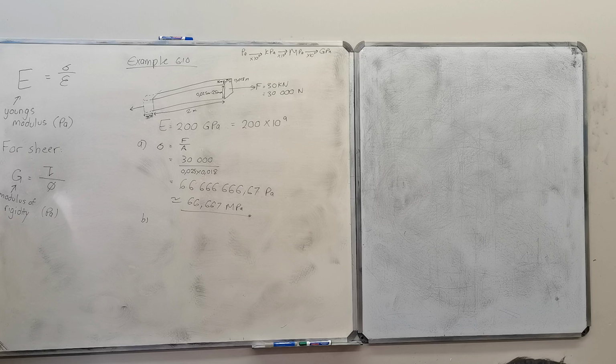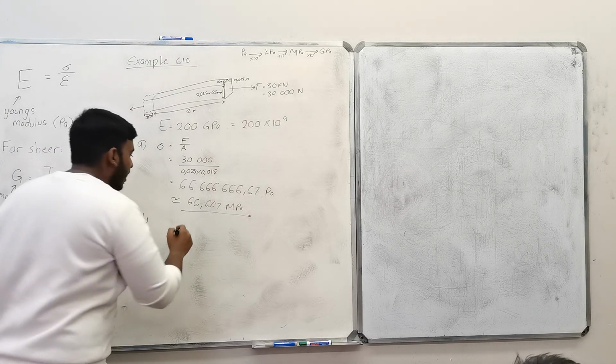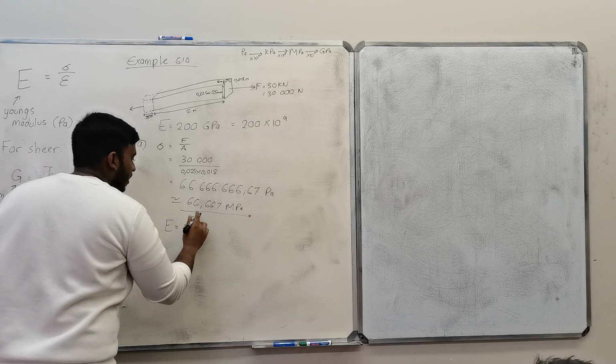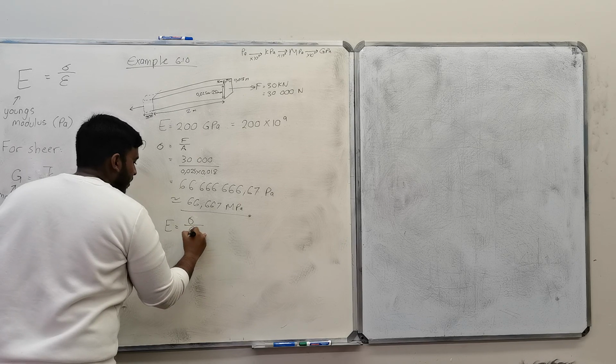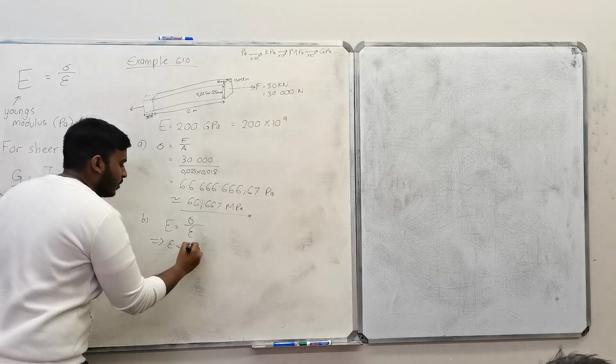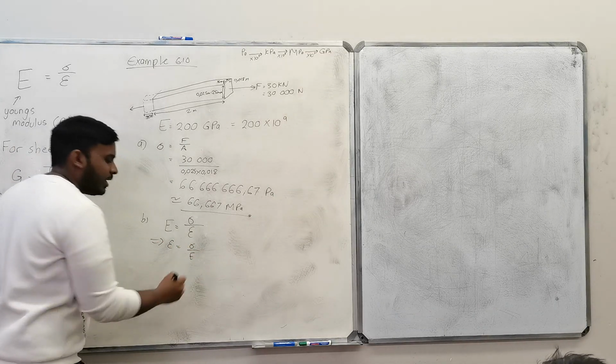Strain. Do we know the strain? No, but we can calculate the strain. How can we calculate the strain? We'll use Young's modulus. Young's modulus is equal to stress over strain, so strain would be equal to stress over Young's modulus.